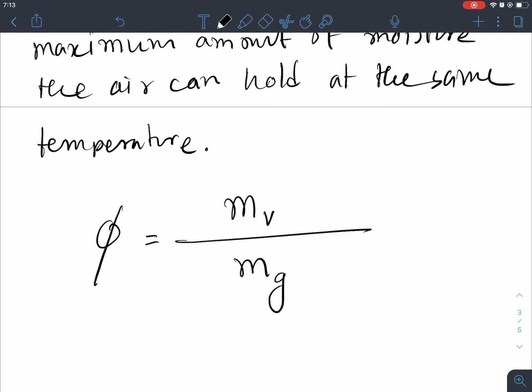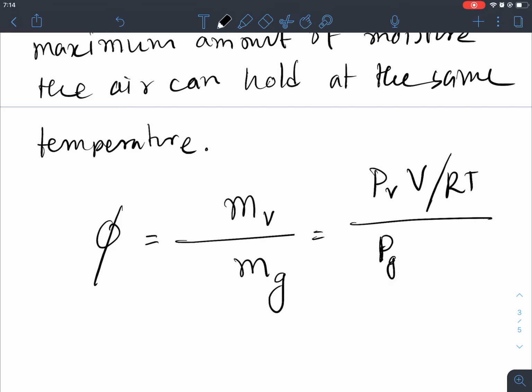If we express it with the ideal gas relationship, we can write the pressure of the water vapor times the volume divided by RT, divided by the pressure of the maximum moisture content in the air times volume divided by RT.